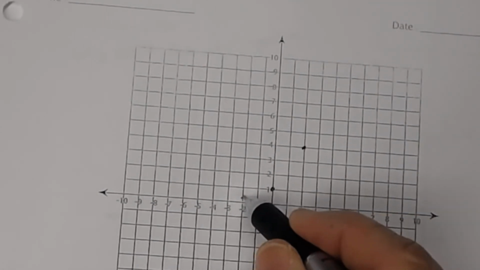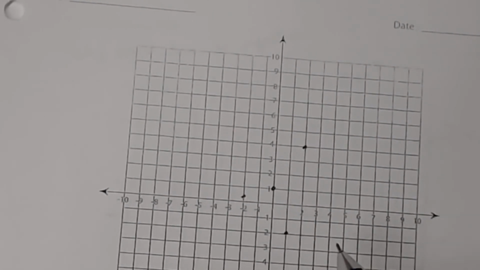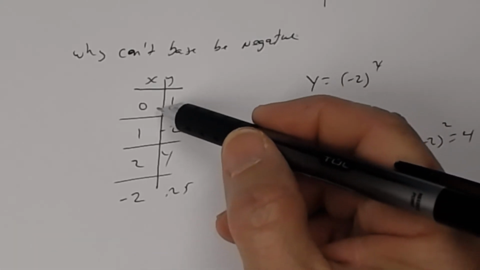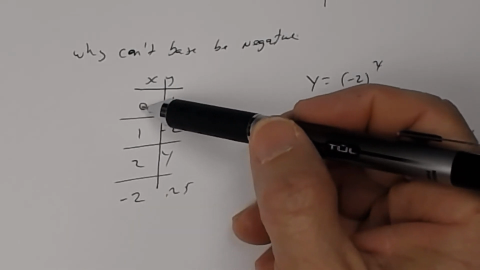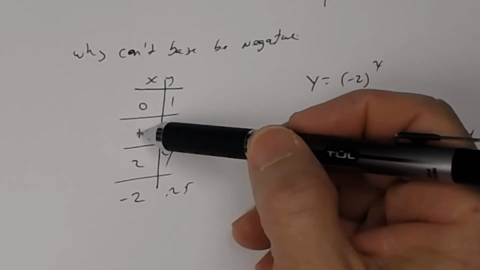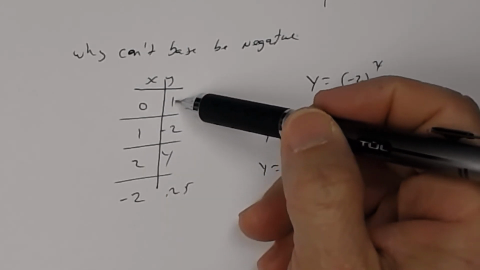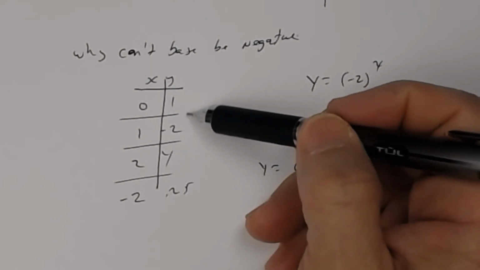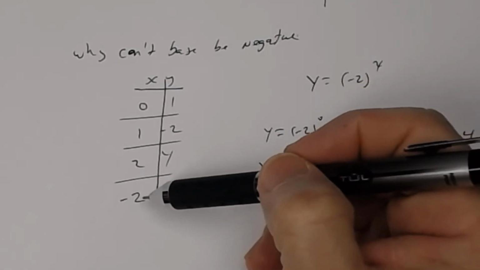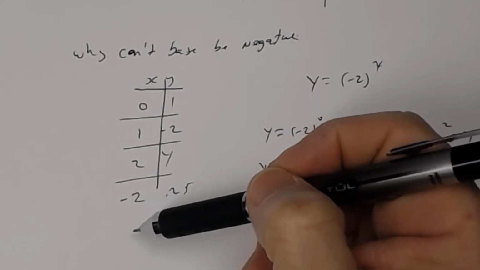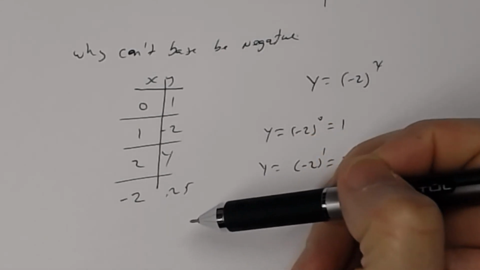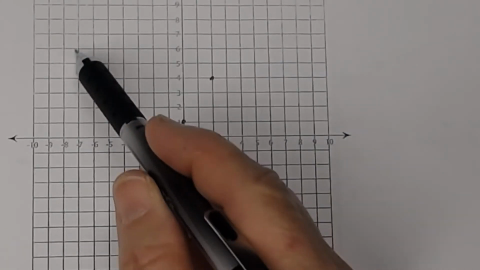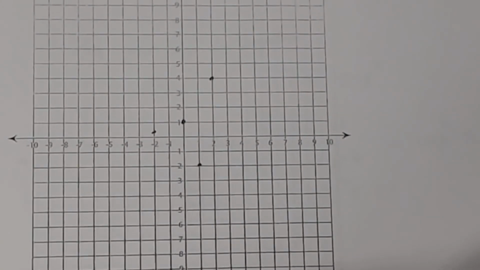So you see that there's no pattern going on. As my x values get more positive, some of my y values are positive, some are negative. Same thing here as they become negative, some are going to be positive, some will be negative. So there's no pattern to this. It's kind of all over the place.